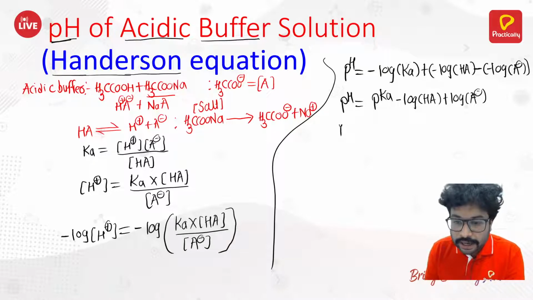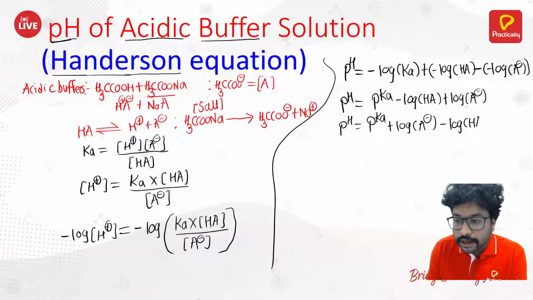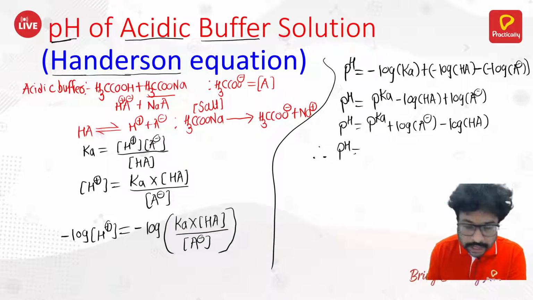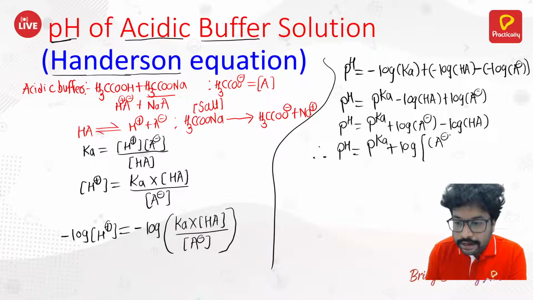So ultimately, on simplification, pH is equal to pKa plus log of A minus divided by HA, right?